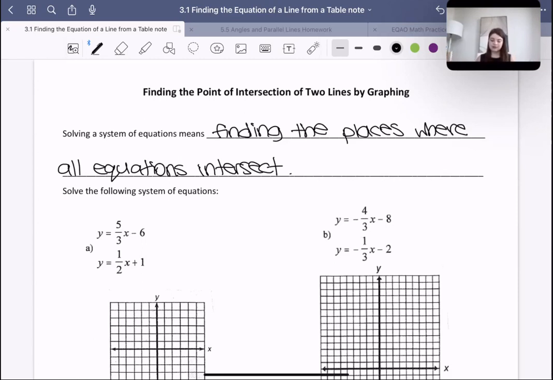However, for the sake of today and grade 9 in general, there's only going to be one point of intersection for all of these graphs, right? Pretty much the vast majority of the time, when we have two lines and we're asked where they intersect, or to solve the system, the answer is just going to be 1 point.